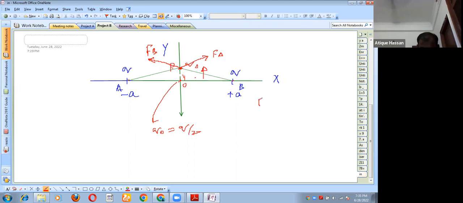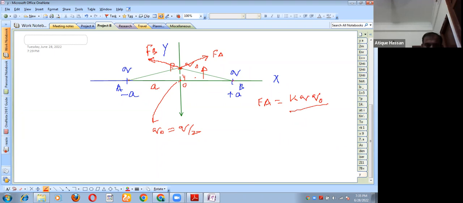So we will find FA. How will we find FA? This distance is A and the vertical distance is y. So FA will be K Q naught by distance squared.